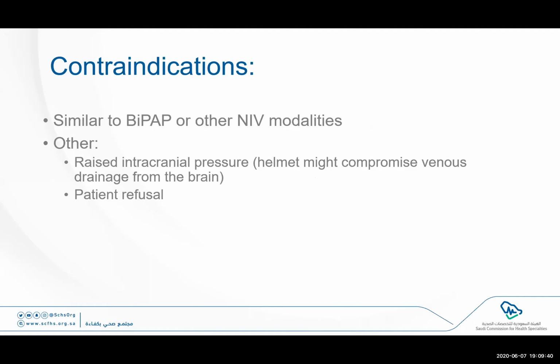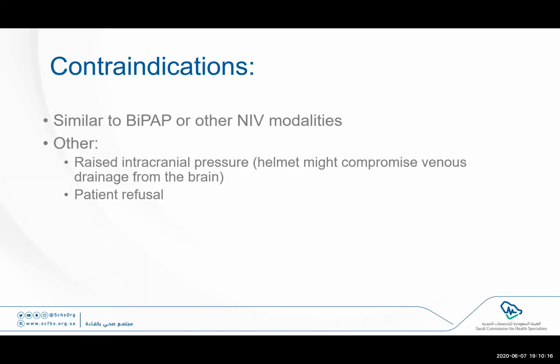If you think about it as ABCs, if they are not able to protect their airways because of a depressed level of consciousness, or because they are vomiting, or there is blood, or basically they have a tracheostomy, or if they have severe respiratory distress that they actually might require an immediate intubation, or as for Cs, if they have very severe hemodynamic derangement or severe arrhythmias, and other etiologies that are particular to the helmet itself, such as raised intracranial pressure, because this helmet is going to be placed around the neck.